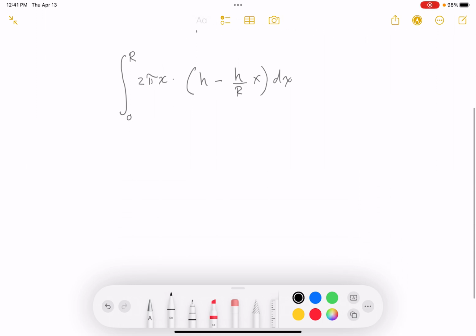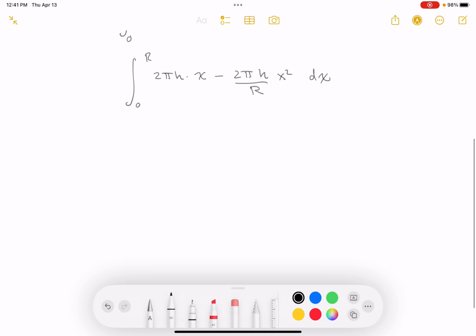All right, I got my integral. I'm hoping it turns out to what they said it's going to be, 1/3 pi r squared h. Well, let's see if that's true. I'm going to multiply it out. That's the integral from 0 to r of 2 pi h x minus 2 pi h over r x squared dx.